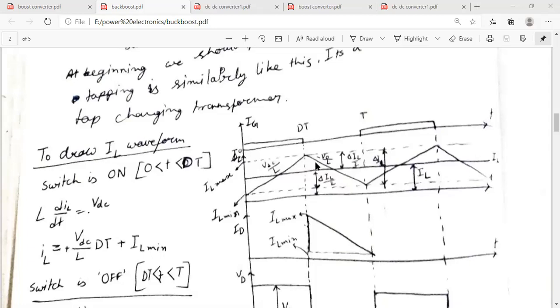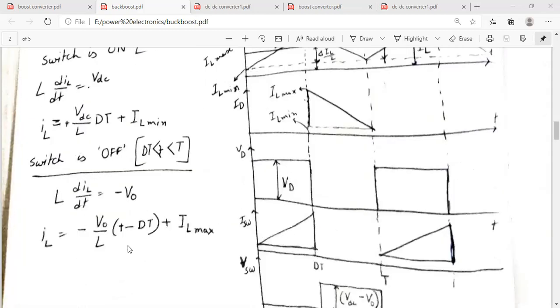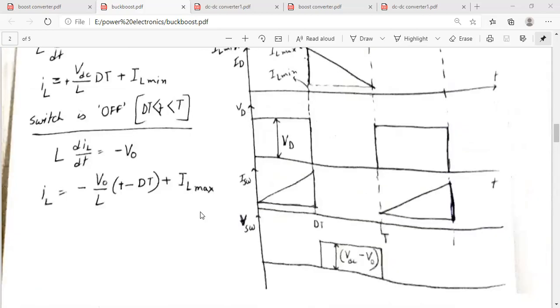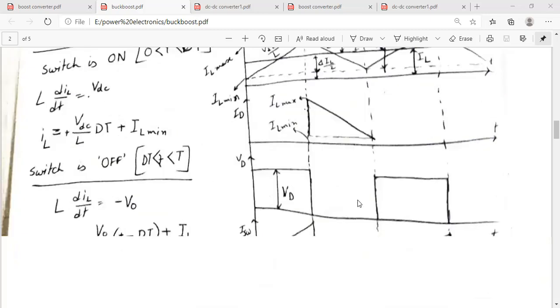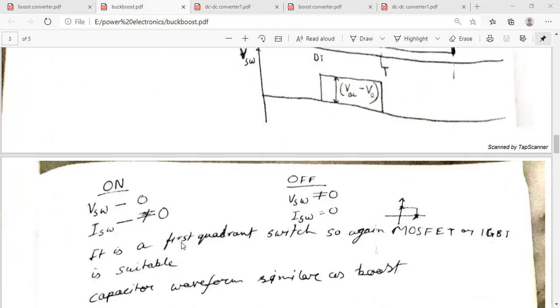Minus V naught by L is the slope for the discharging of the inductive current. And this is the maximum current. You have to continue from the maximum current. IL max is the maximum current. These are the proportionality constants, as well as to maintain the continuity of the signal.